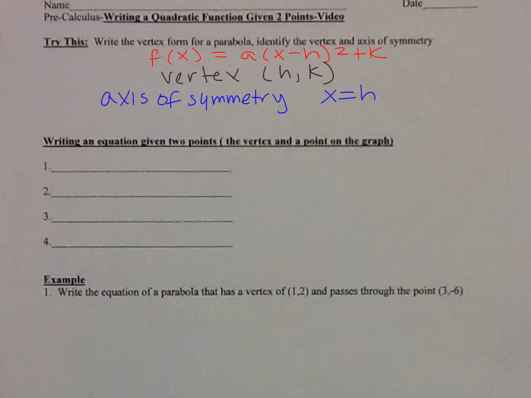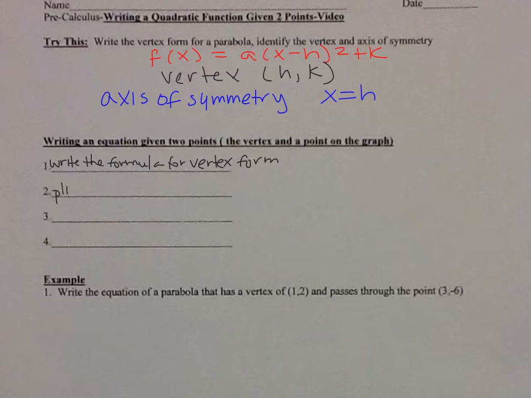All right, so the first thing you're going to do is I want you to write down the formula for vertex form. So step 1 is write the formula for vertex form. And this way, the more you write, every time you write it, the more likely you are to remember it.